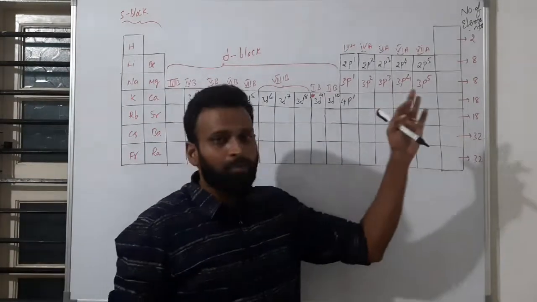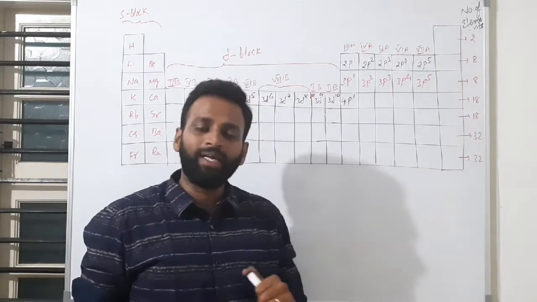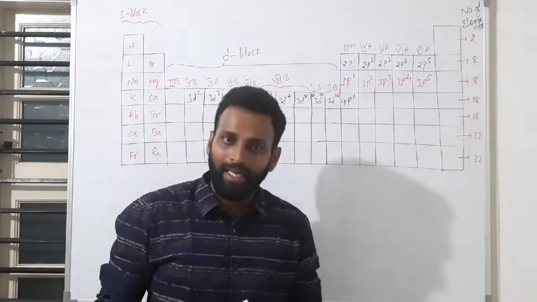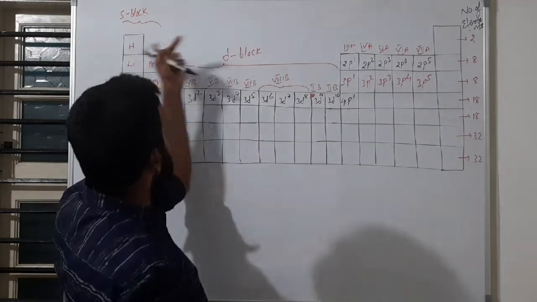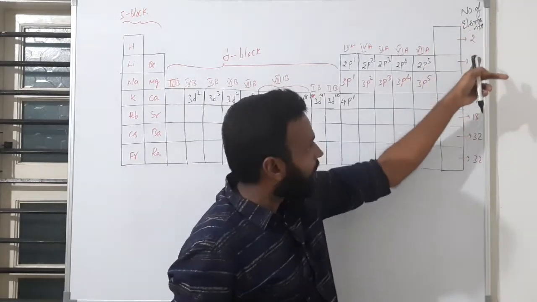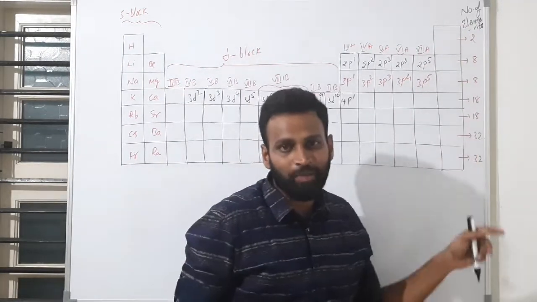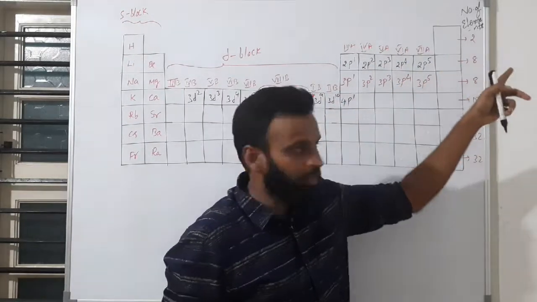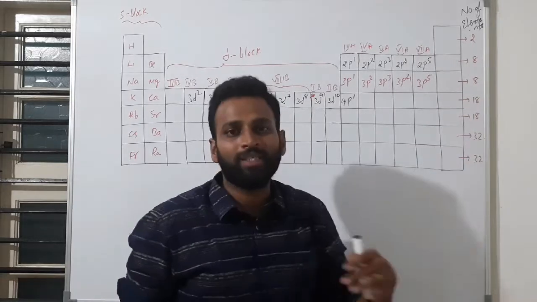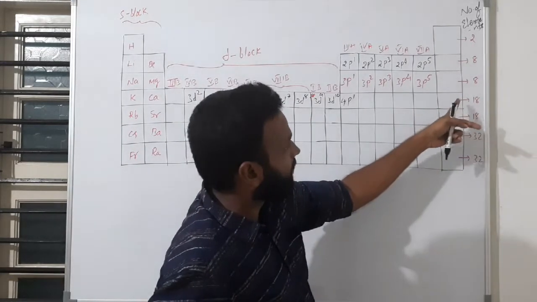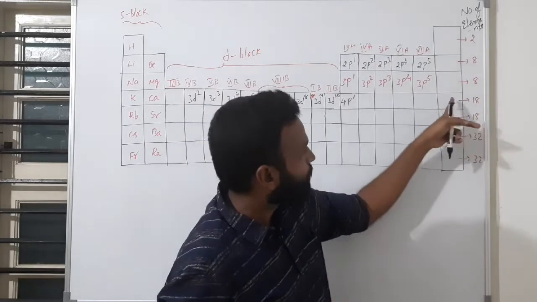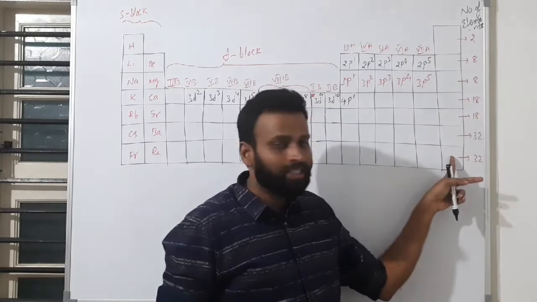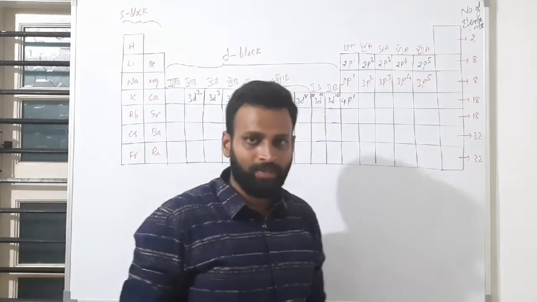If you know the number of elements in each period, you can say what exactly the atomic number of a particular element is. Okay. So I have given how many elements are present in each period. In the first period, the number of elements is 2, the shortest period. The second and third periods consist of 8 elements, the fourth and fifth periods consist of 18 elements, and the sixth and seventh periods consist of 32 elements.